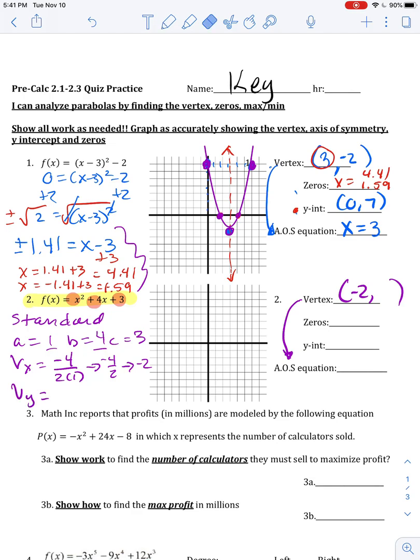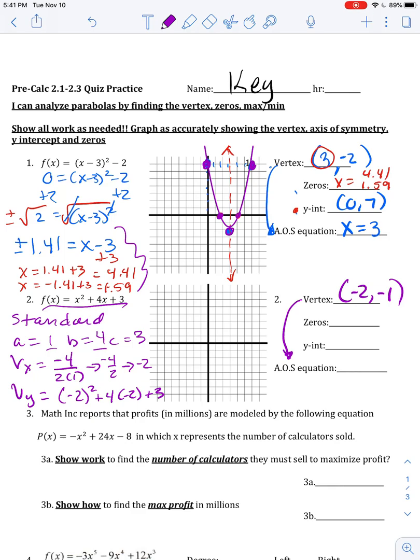Again, looking at my chart, I confirmed that for my y value I'm going to go back to my equation up here, and where there was an x, I'm going to plug in my x coordinate. So I just got -2 for that. So that's going to give me 4 minus 8, which is -4, plus 3, so -1.